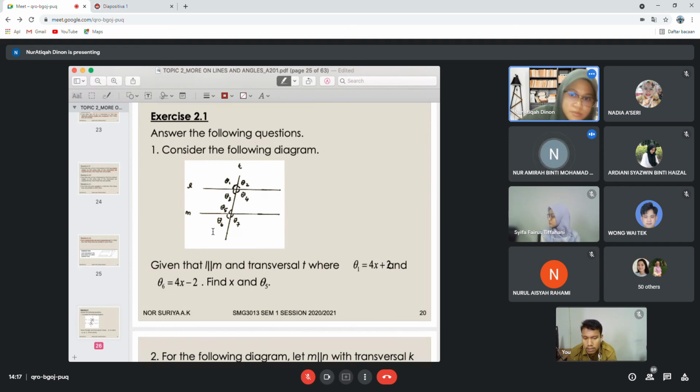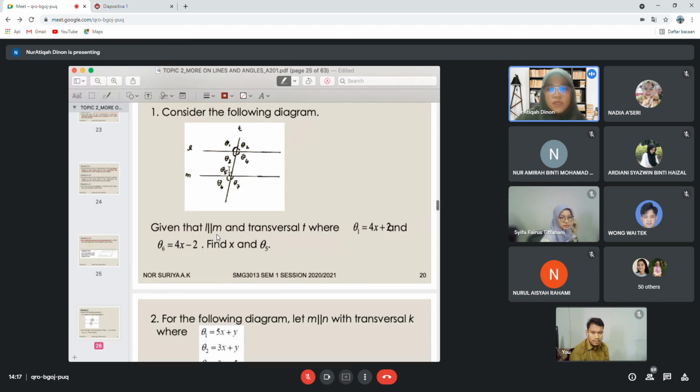Alternate interior? Alternate exterior, right? Yes. Alternate exterior angles. Look for the theorem talking about alternate exterior angles. What does it say about the angles? Then you can solve for this.